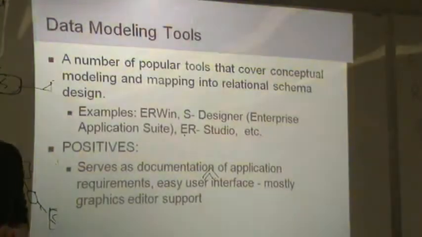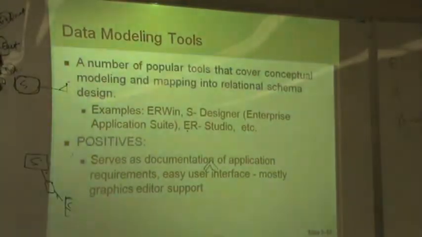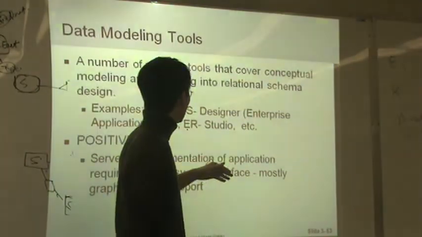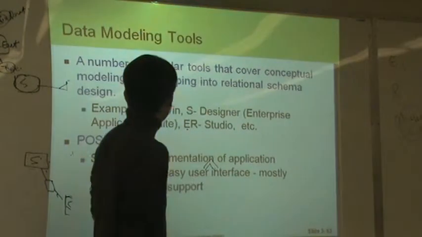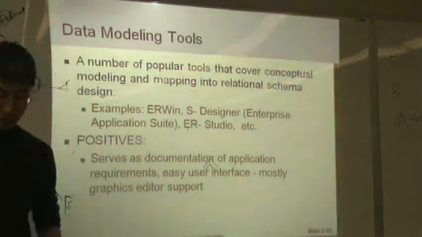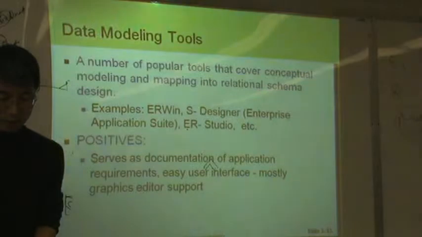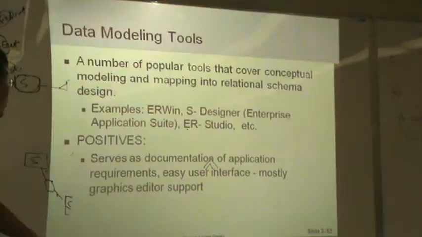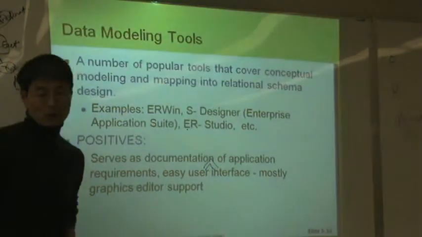So for data modeling tools, there are a bunch of them. Some of them are very popular, like Erwin or ER Studio. I think you have heard about Rational Rose or many others. Some of them are free, sometimes not. So we are going to use the Erwin software for practice.